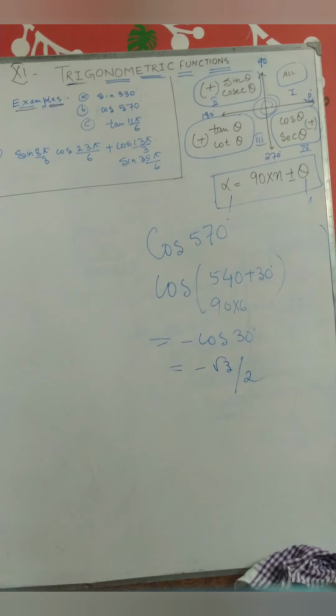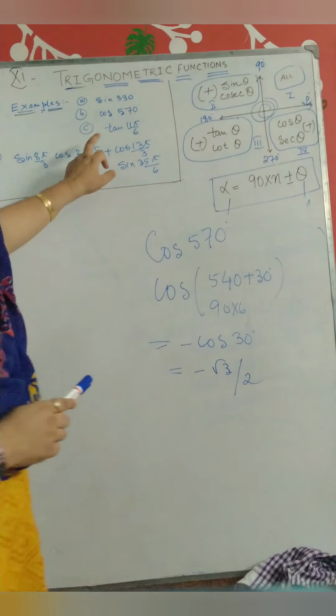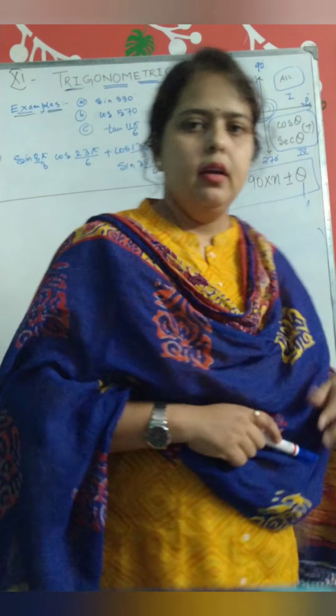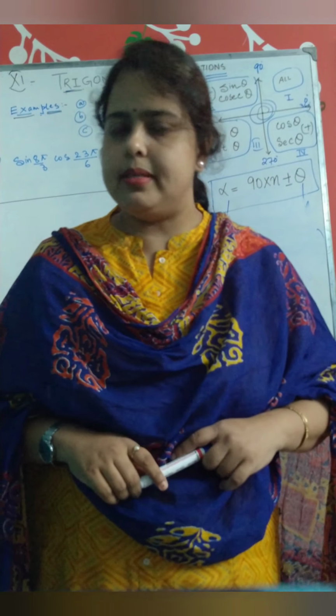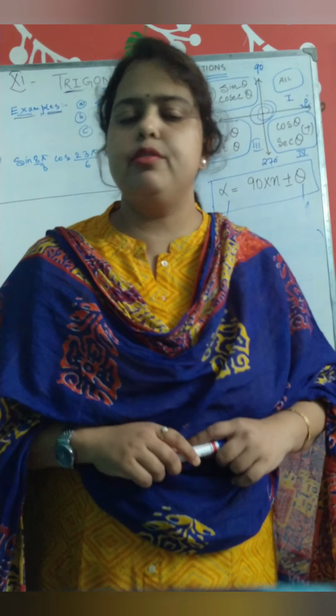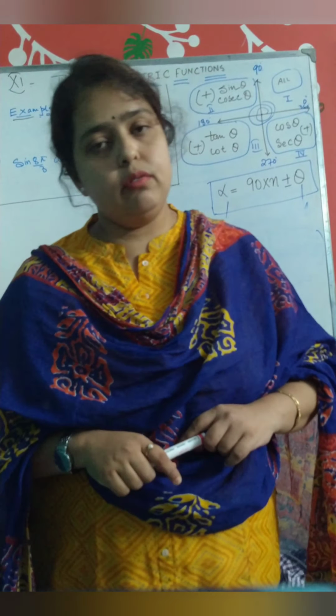See, the third problem I have written in the radian format. Tan 11 pi by 6. I hope you went across the material where I have mentioned very well how important this conversion of degrees to radian is.